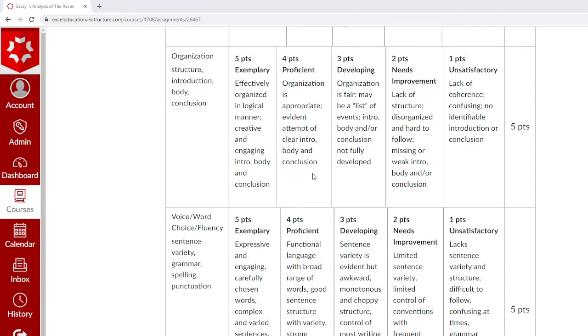The rubric also requires that you have more than just a list of facts in your writing. So another factor that can affect your organization score is your use of transitions and explanations between your ideas. So instead of listing your evidence one piece at a time in a body paragraph, you want to take some time after each piece of evidence to explain the importance of it and then go ahead and connect it back to the writing prompt.